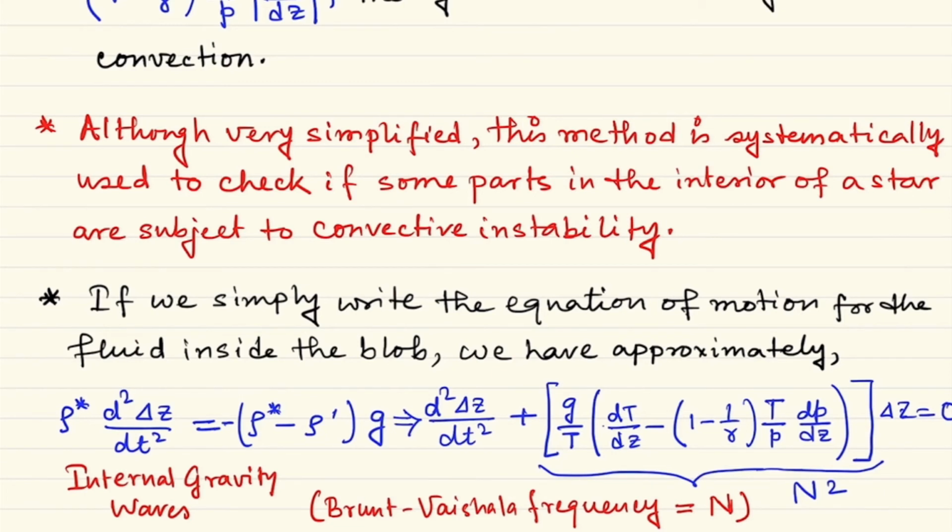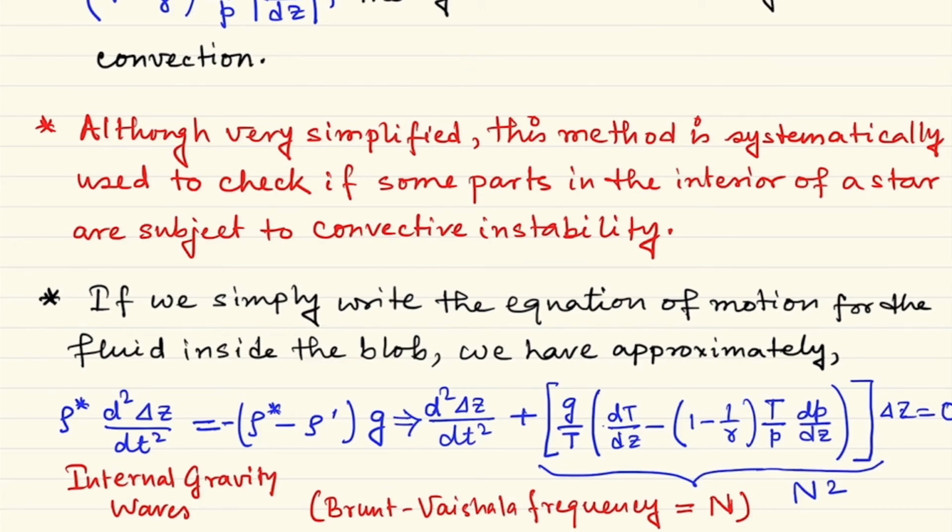Now, we simply write the equation of motion for the fluid inside the blob. So we would like to see what happens for the dynamics of the blob. Of course, for the blob we can approximately write rho star.